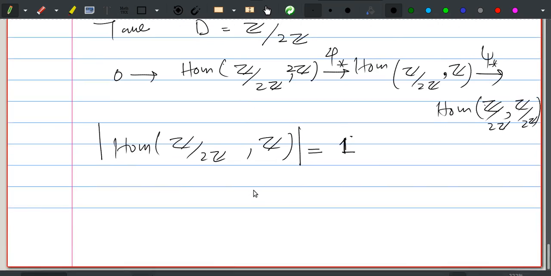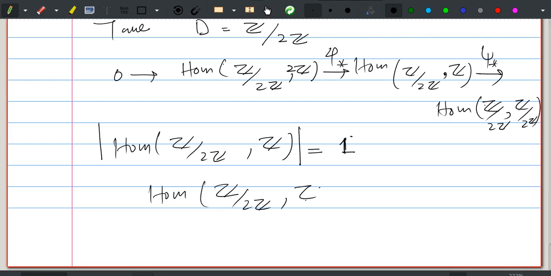Now if we look at Hom(Z mod 2Z, Z mod 2Z), we have two module homomorphisms: the identity homomorphism and the zero homomorphism.